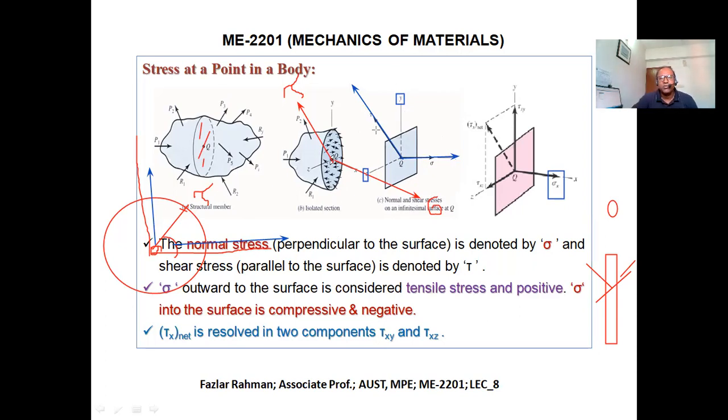Now this tau we can divide into components. One component works along this vertical direction, and the other component works along this direction. So these are the two taus right over here: one is tau xz, the other is tau xy.